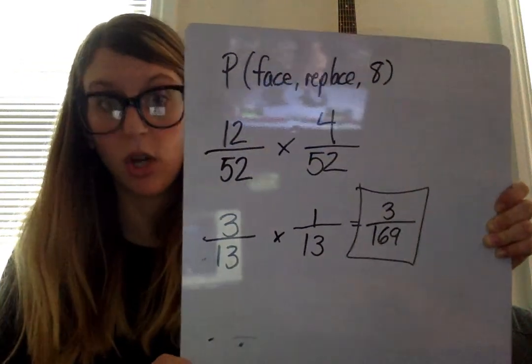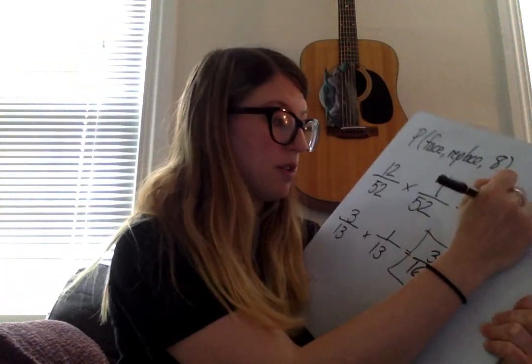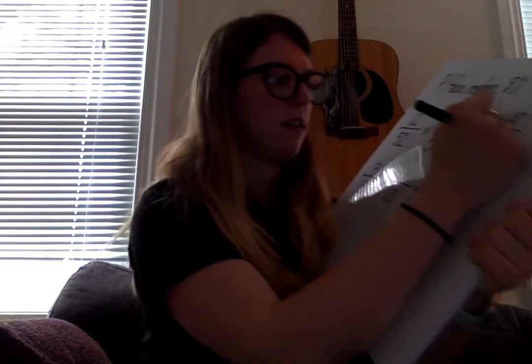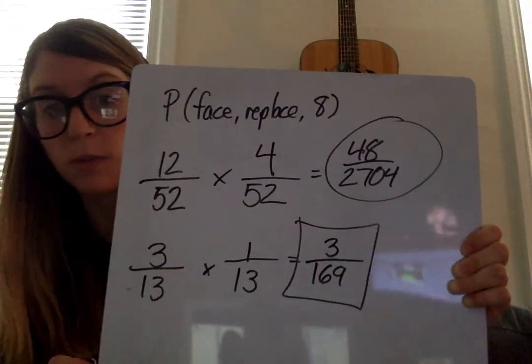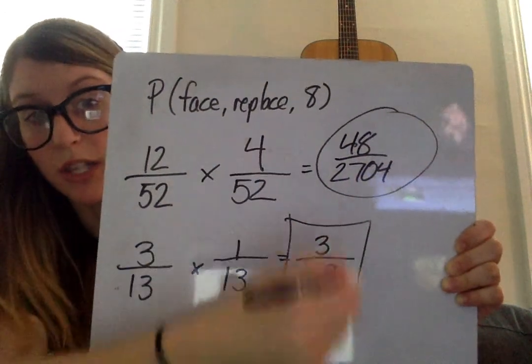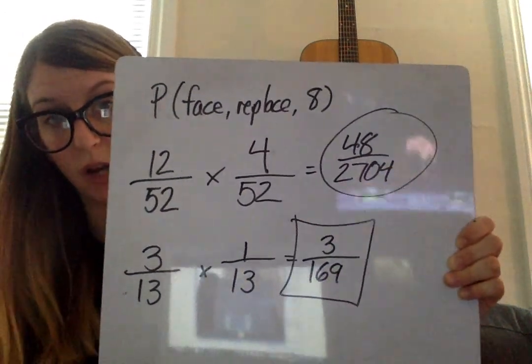That's your answer. Or again, if you did it up here and you did 48 over, I think it's 2704, I'm not 100% sure. Or if you just multiply the top and the bottom, these are the same answer. I do not mind. I'm really okay.